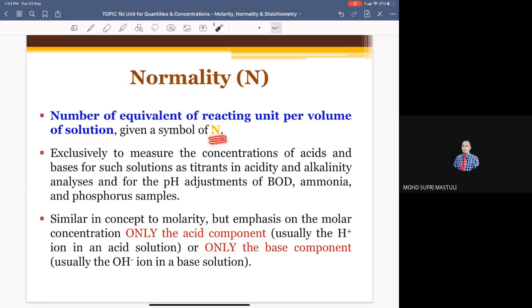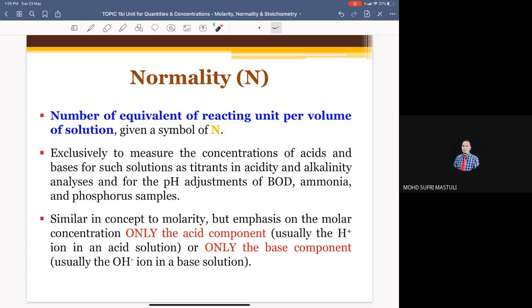So the symbol is N. This is a unit of concentration used exclusively to measure the concentration of acid or base during titration, in acidity, alkalinity analysis, pH adjustment of BOD, ammonia, and phosphorus samples.